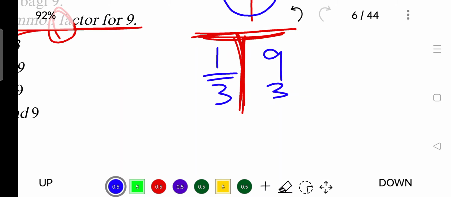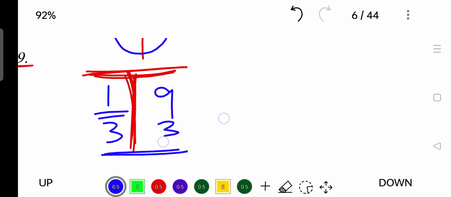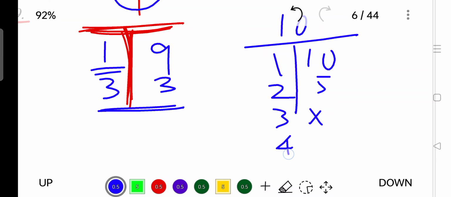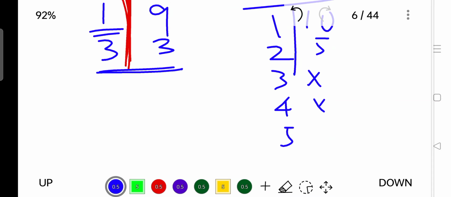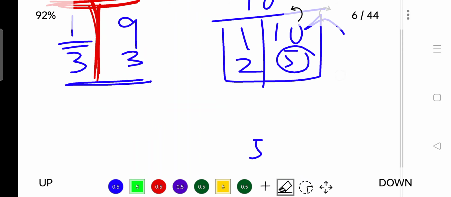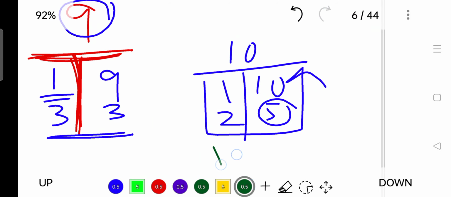Once you reach a number that is similar, or let's say for a question like 1, 10, 2, 5, we don't have 3, we don't have 4, and the next number is 5, which has already come to the right hand side. You just simply U-turn, and all of the numbers further down you will not need anymore. So the answers will be 1, 2, 5, and 10, right?